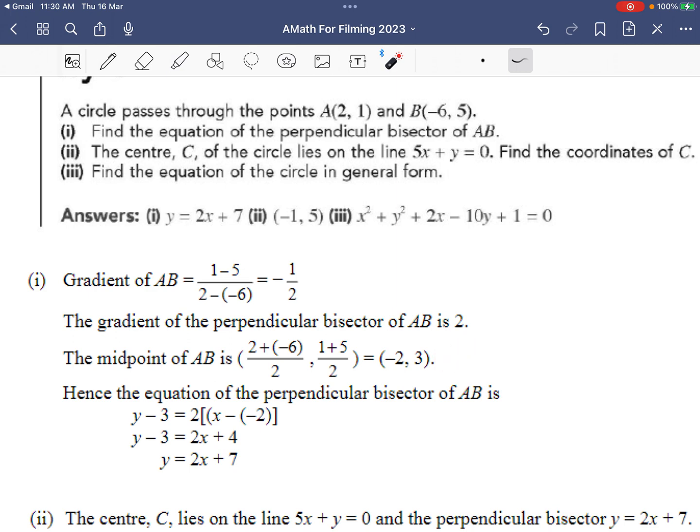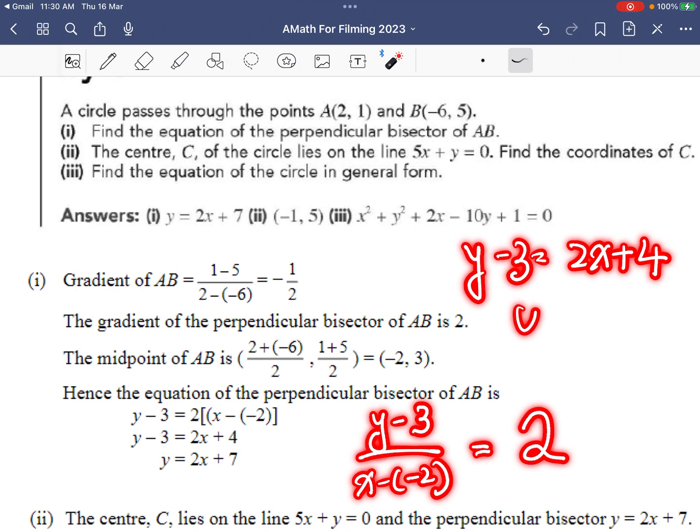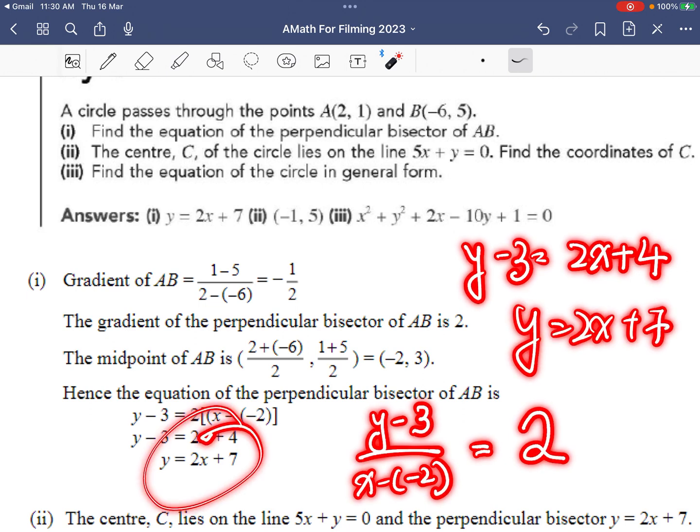I used the idea that I have y minus 3 over x minus negative 2 equals the gradient of the perpendicular bisector, which is equal to 2. So y minus 3 equals 2x plus 4. Then if you solve it, you get y equals 2x plus 7 as shown here.